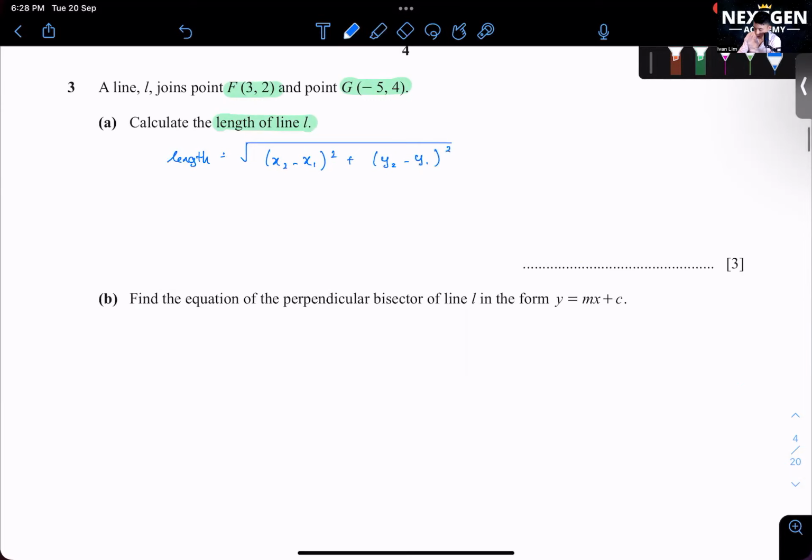You just take either one as X2 or X1, doesn't matter. Or X1 minus X2 also can. So I will take this one as my X2. These are my point 2. So 3 minus 5 squared plus 2 minus 4 squared equals to 2 root 17, which is equals to 8.25.